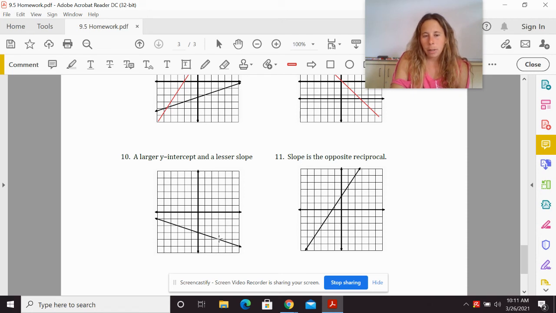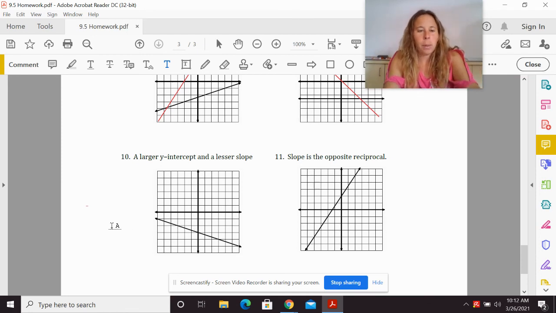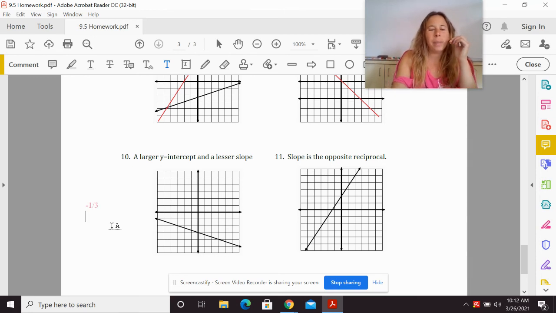So, here, hold on, let me do this for a second. Let's say, I can just find it actually. The slope of this line, down 1, 2, 3. All right. The slope of this line is down 1 over 3. All right. So a slope is less than that. That means it has to be a greater negative number. So like negative 2/3 would work.